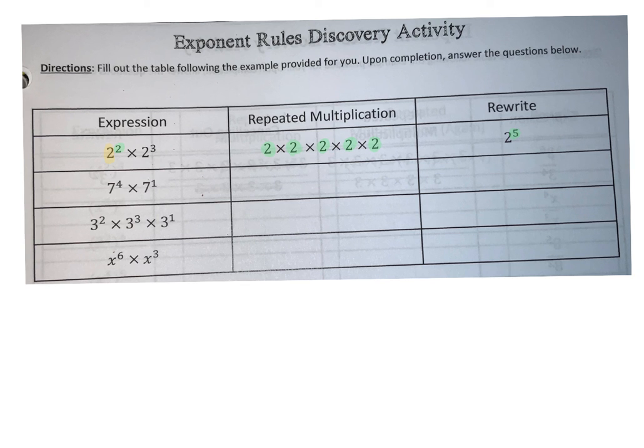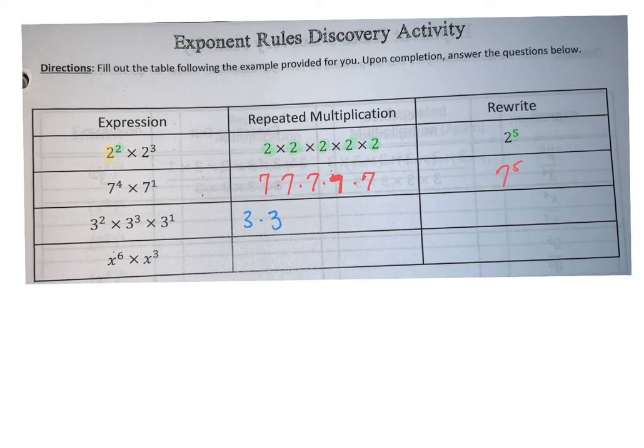So when you did this second one here, 7 to the 4th times 7 to the 1st power, then you should have seen that you had 7 to the 5th power. All right? 7 to the 5th power. What happens when we multiply 3 squared times 3 cubed times 3 to the 1st power?